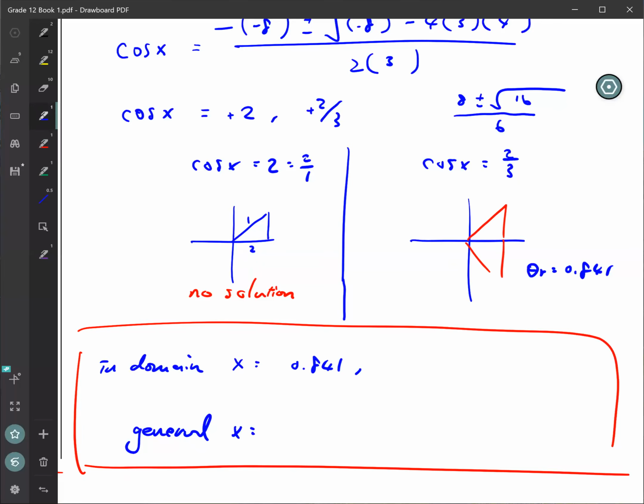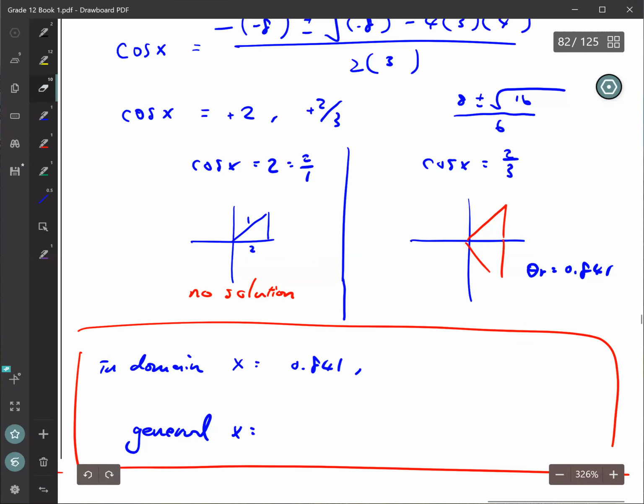Cindy, how do we get the second answer then? Pi minus it. No, wait, that was for the one before. Negative 0.841. But the domain that we want is, well, what's going on? Oh, 2 pi minus it. Yeah, you got to use 2 pi, right?